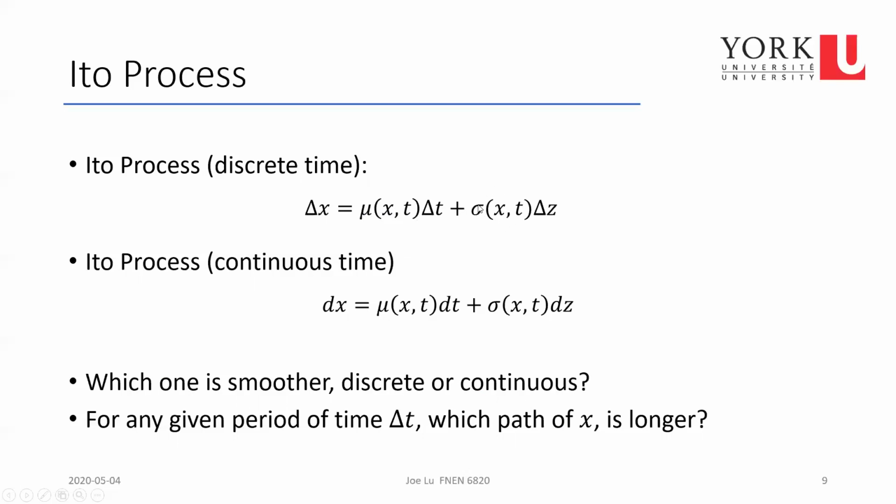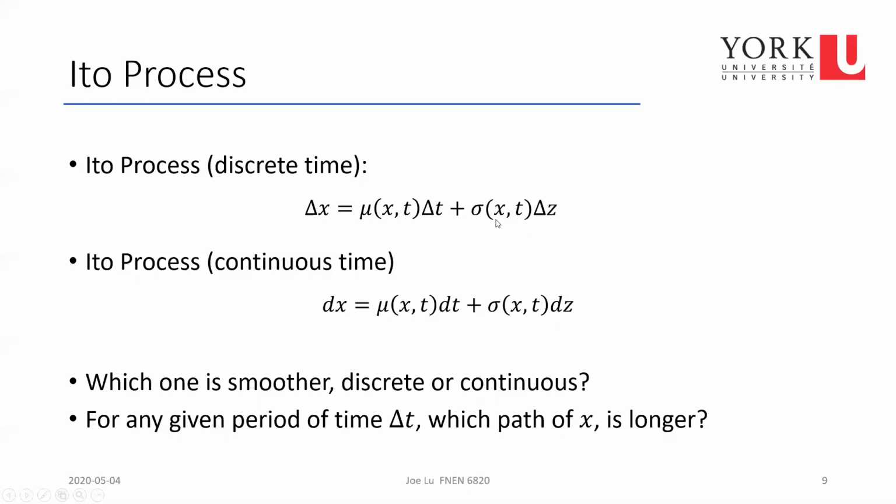And it also has a component here that is stochastic. The first one is deterministic, because once we know the functional form mu, a function of the state variable x and time, it is a deterministic function times delta t.